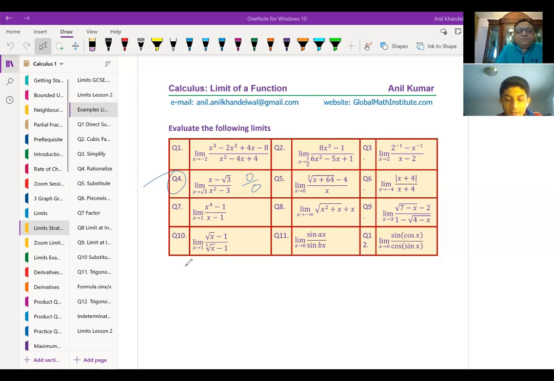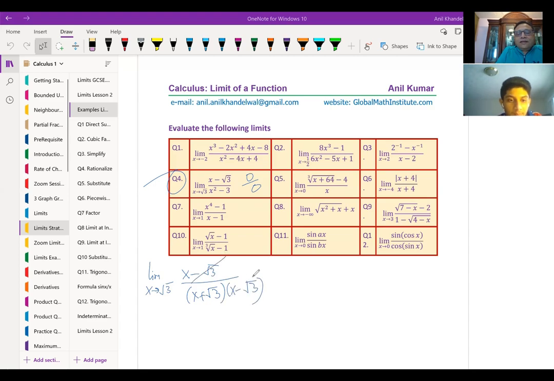Sir, so I think you can, well, x minus root 3, and then x squared minus 3. So can you factor out the x, sir? Yes, the denominator can be factored. This is x squared minus, you can think of it as square root 3 squared, right? So you can factor the denominator as x plus square root 3 times x minus square root 3, correct?